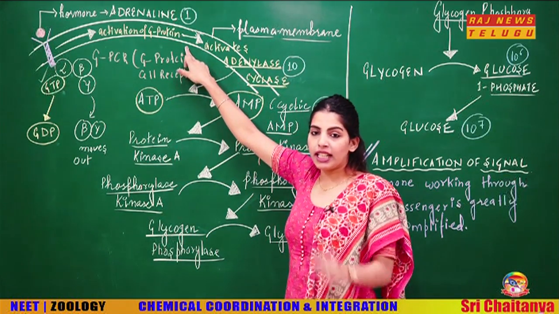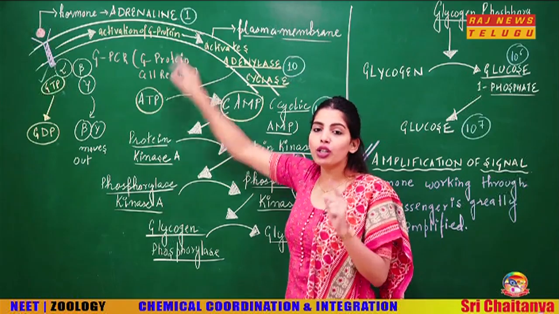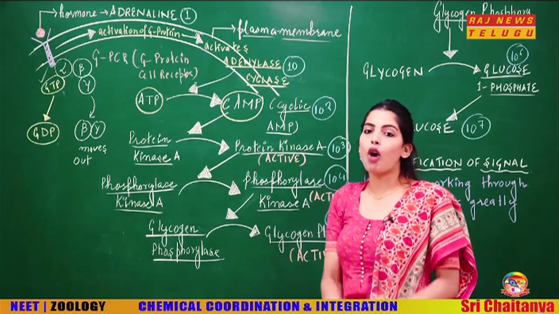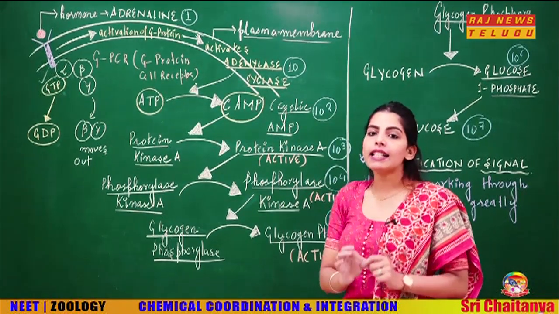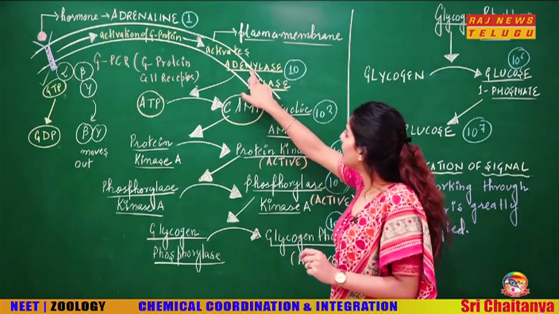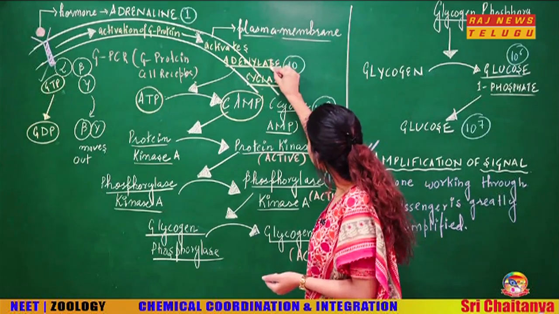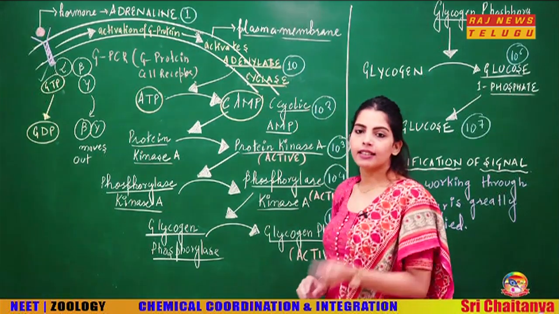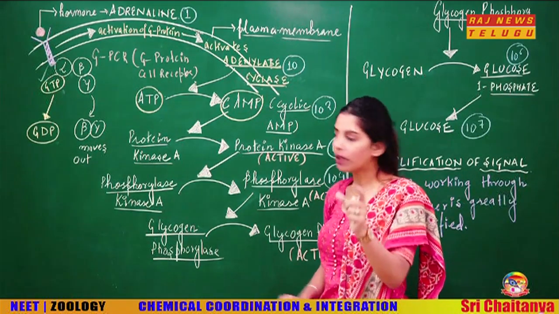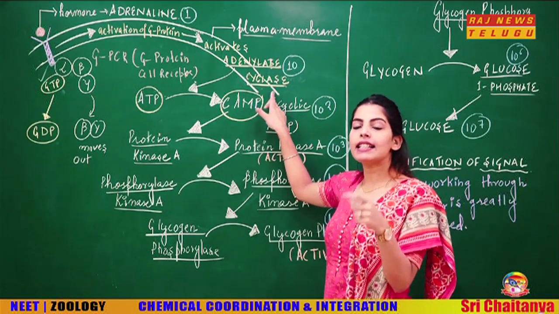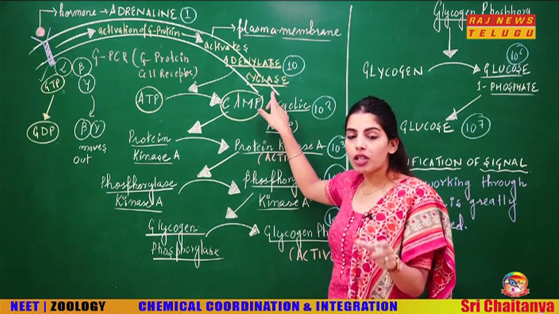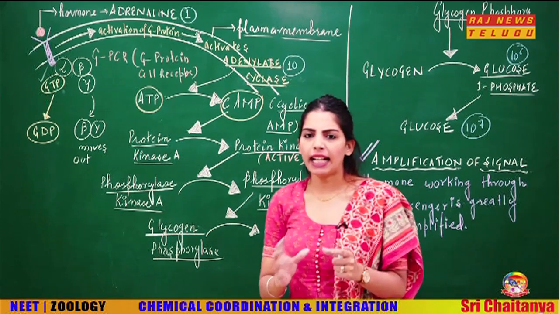Once your G protein is activated, that is going to activate a very important enzyme, and that enzyme is adenylate cyclase. Can you understand something with this name? Adenylate cyclase. It will be somewhat related with adenine.